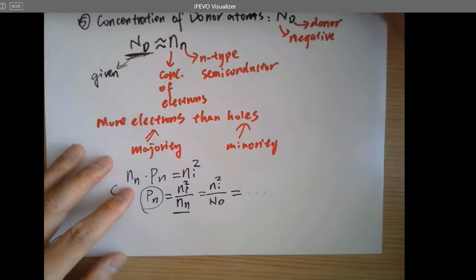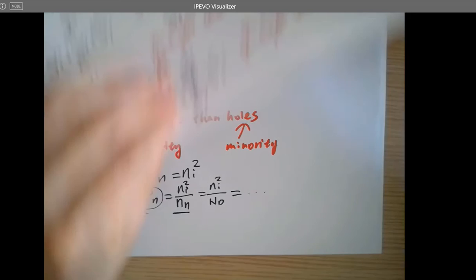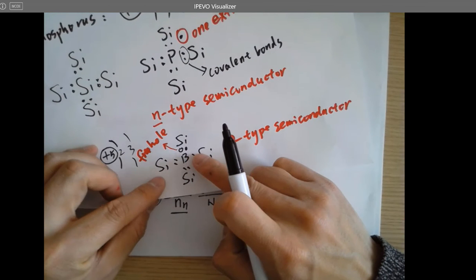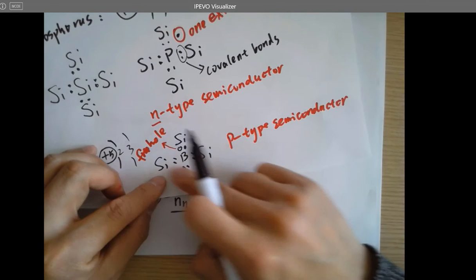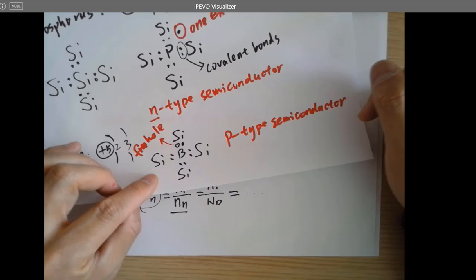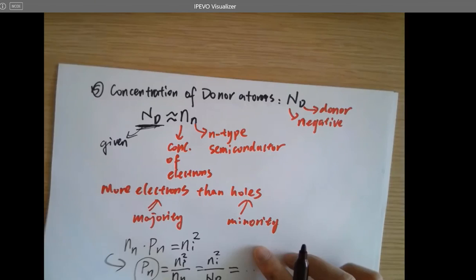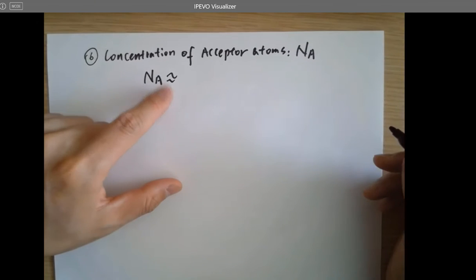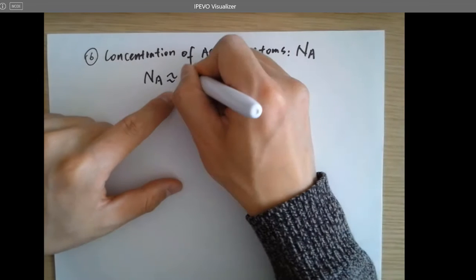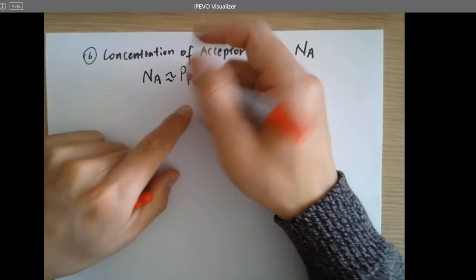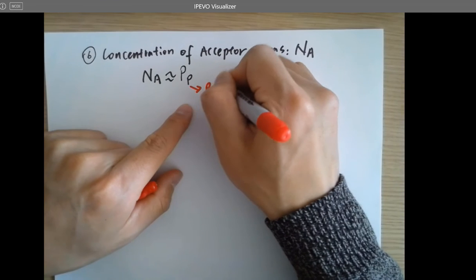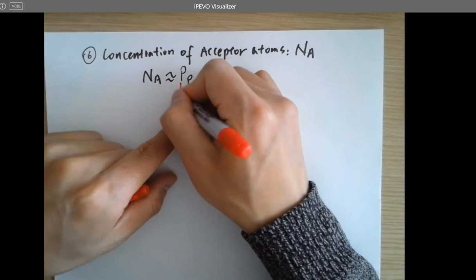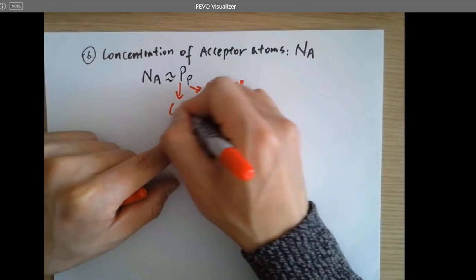Boron contributes the hole to the mixture. So here again, Na is what? Pp. That's p-type. That's the concentration of the holes.